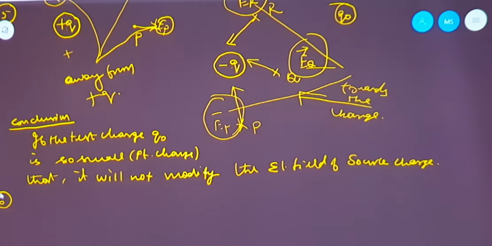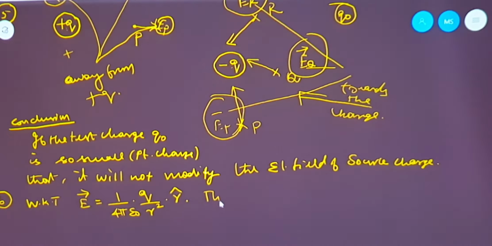What about point number 6? When you are considering point number 6, the electrical field that we have calculated is valid only for point charges. See, we know that the electrical field E vector is equal to 1 divided by 4 pi epsilon 0 q by r square into r cap.